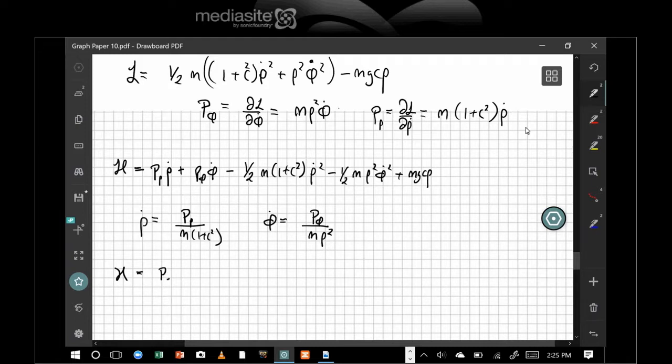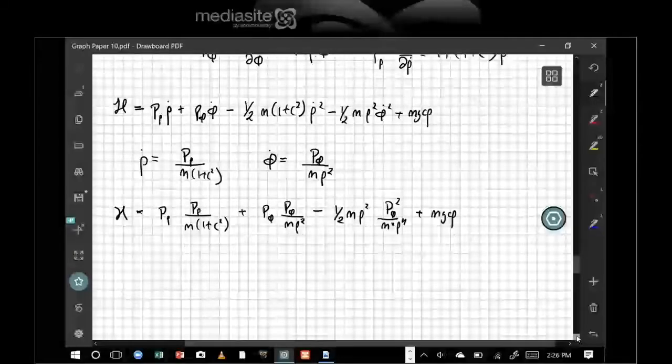So p sub rho times the quantity p sub rho over m(1 plus c squared), plus p sub phi times phi dot, which is p sub phi over m rho squared, minus 1/2 m, and then I had to put in rho squared, and I had to put in this thing squared, over m squared rho to the fourth, plus the last term, which is the same.